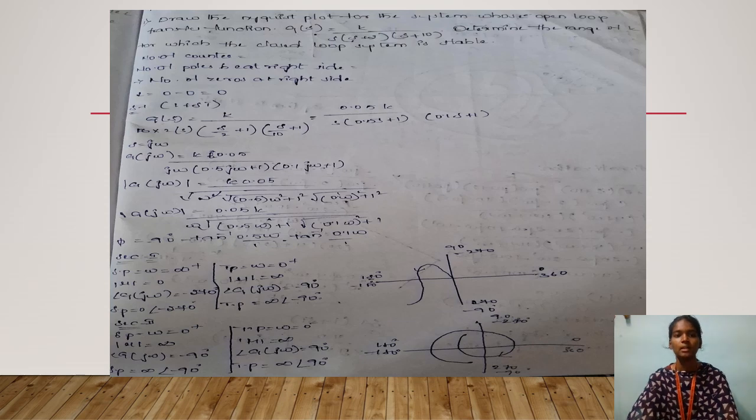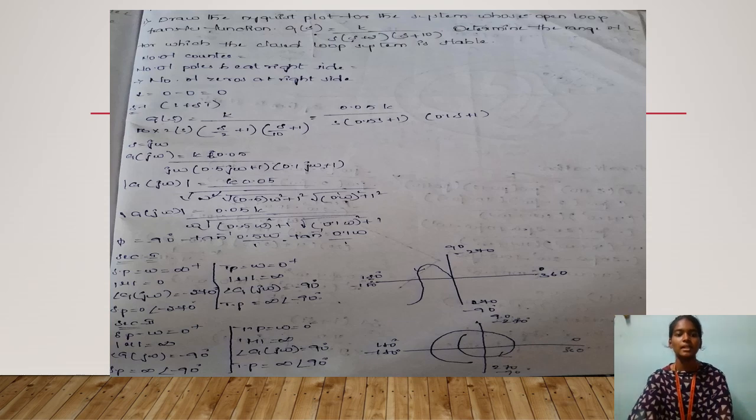Now we have to find the contour, and the poles and zeros at the right side. Step 1, we have to put the given problem in the 1 plus sT form. We are going to substitute s equals jw.